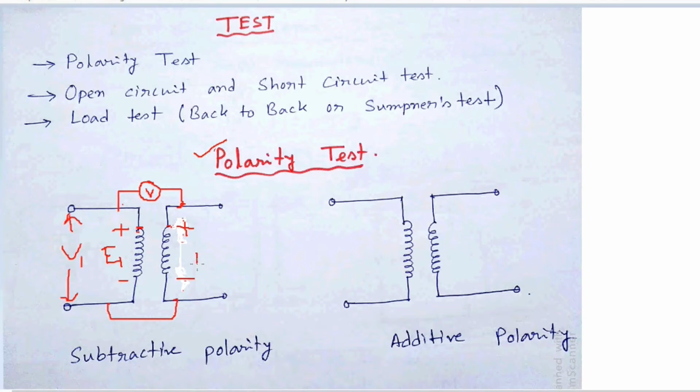The induced EMF in the primary winding is E1 and in the secondary winding is E2, so in this loop we get the loop voltage E1 minus E2.